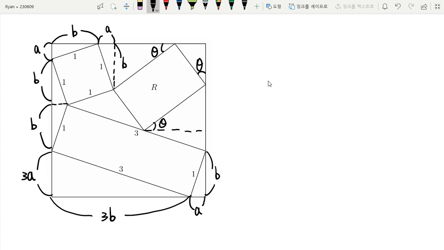This is B. These two triangles are congruent, because they have the same hypotenuse and the angle theta.